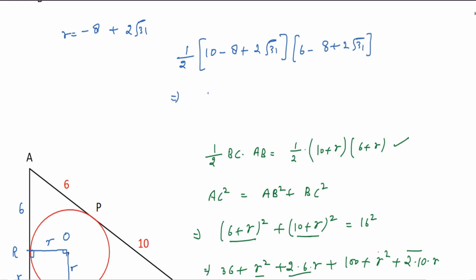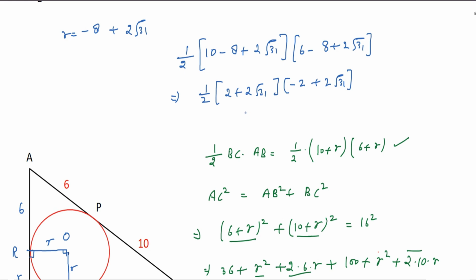So further we can write 1 by 2 times, and it will give 2 plus twice of square root of 31, and from here we will have negative 2 positive twice of square root of 31.